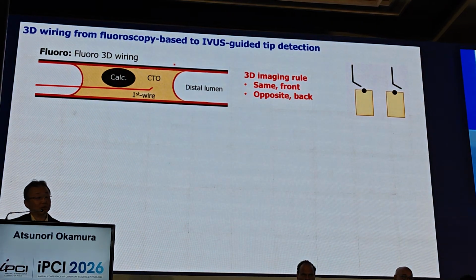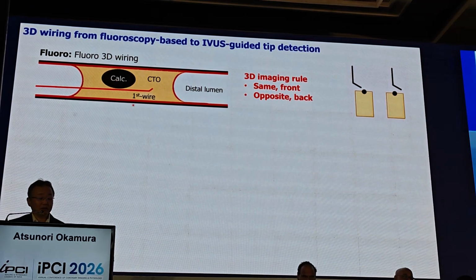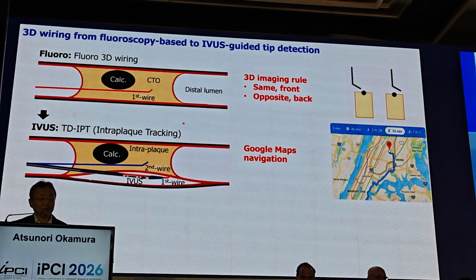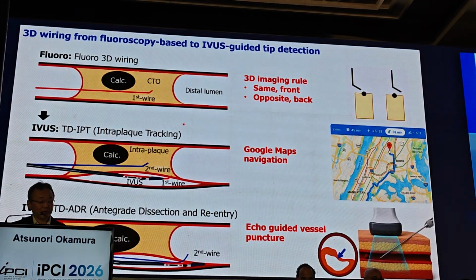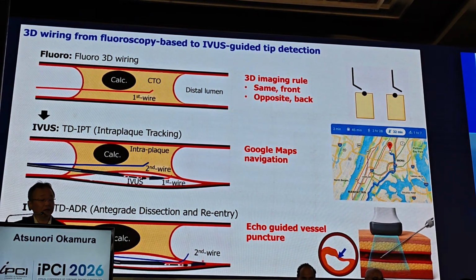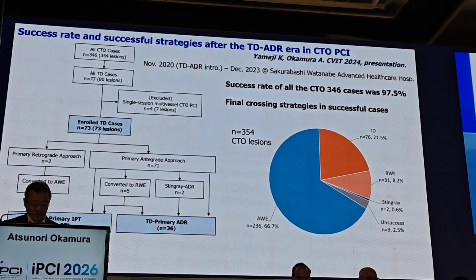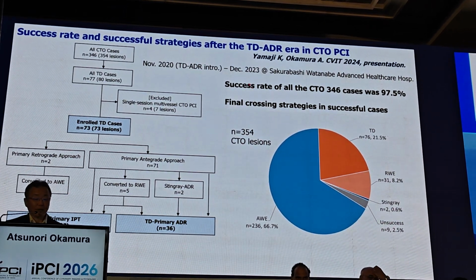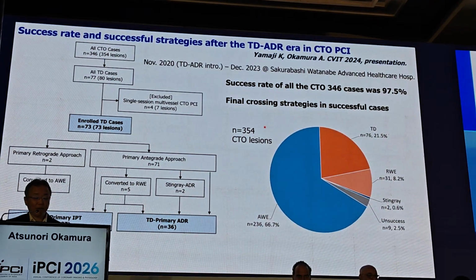So this is the progress of 3D wiring. First we developed fluoro-based 3D wiring, then we developed IVUS tip detection into the plaque tracking 3D wiring, then we reached tip detection ADR. After TD-ADR, after 2020, we have performed 350 CTO cases in our hospital.